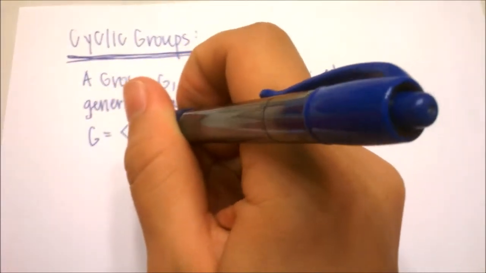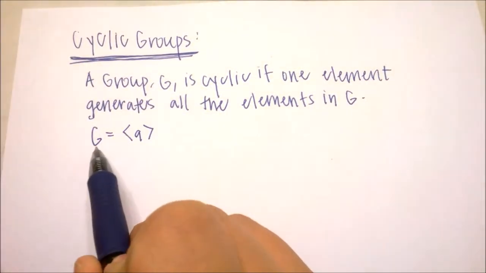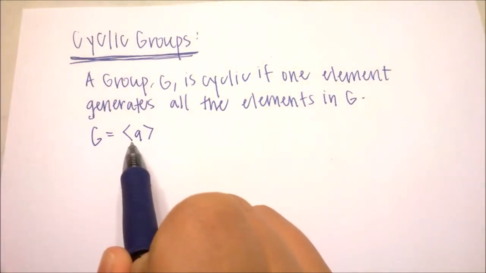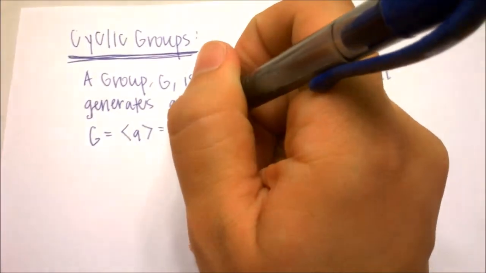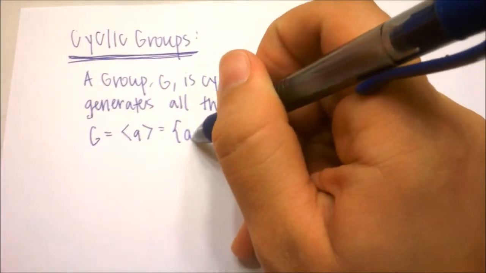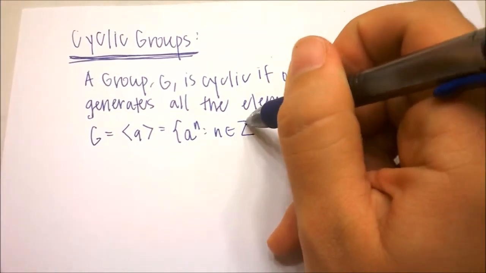So we can also write this, G is equal to ⟨a⟩. This is equivalent to saying G is the group generated by a. This is also equivalent to saying G is equal to a^n, where n is an integer.